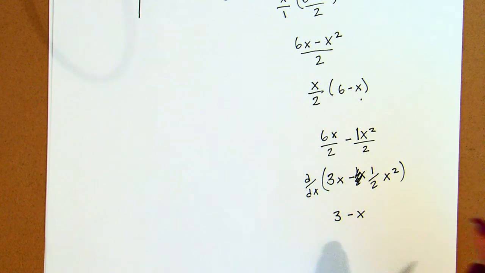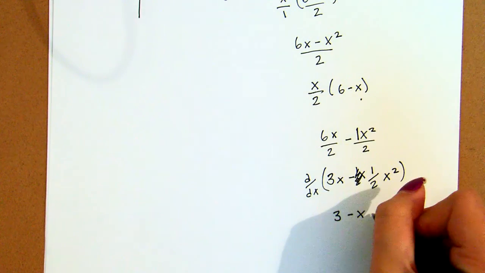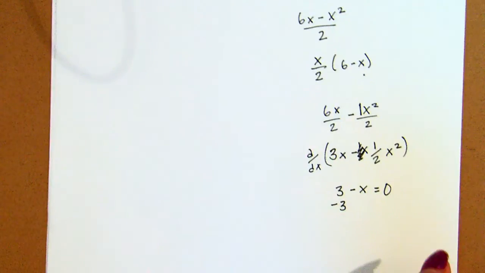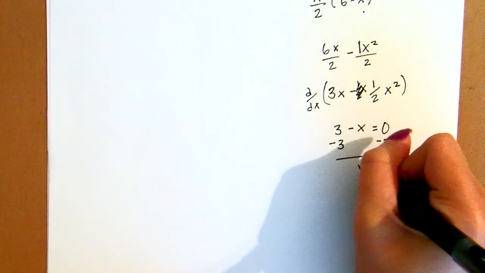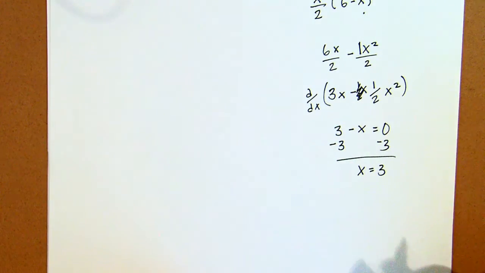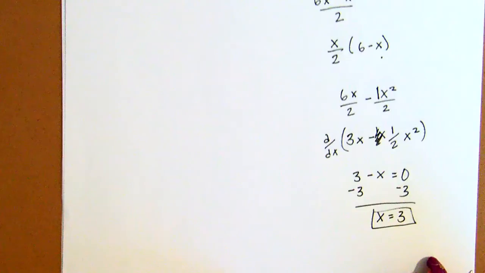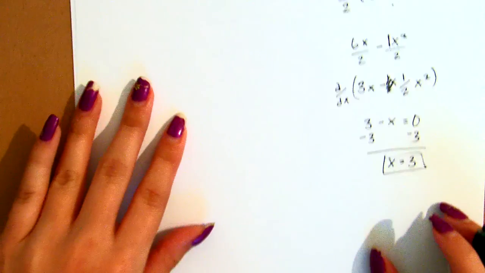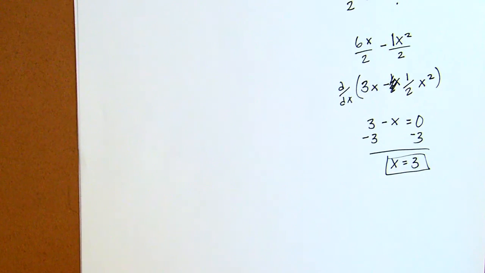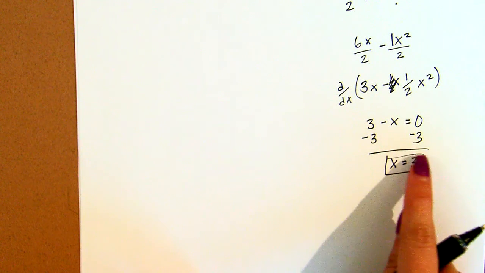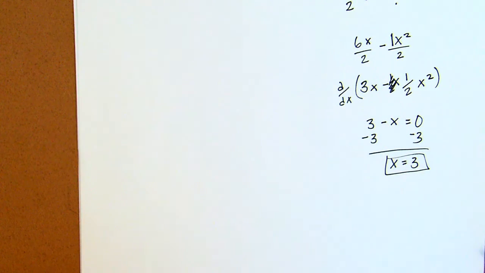Then you set it equal to 0, and you subtract 3 on both sides, and you get negative x equals negative 3, and you divide by negative 1, so x equals 3.